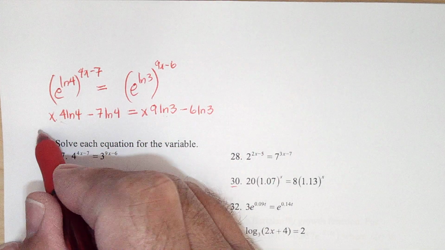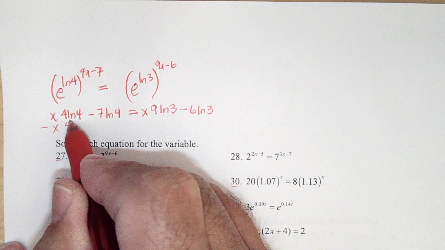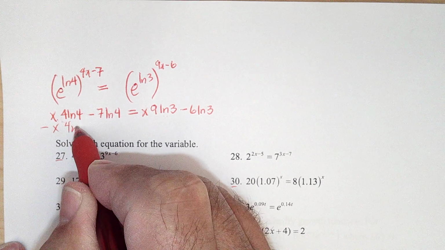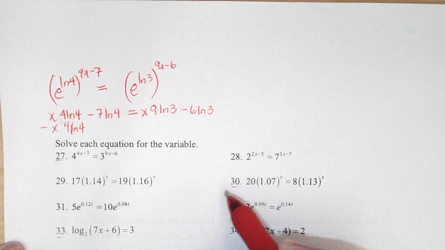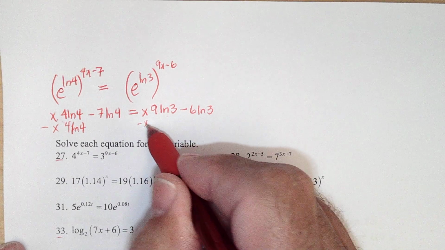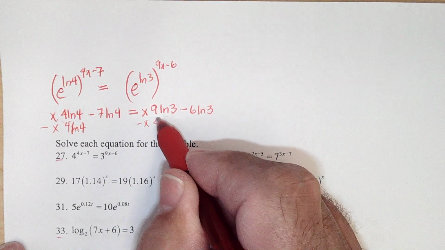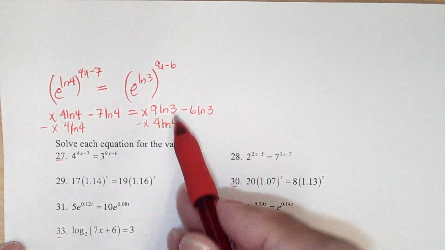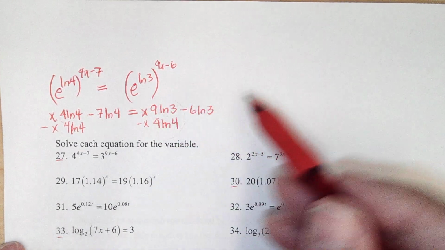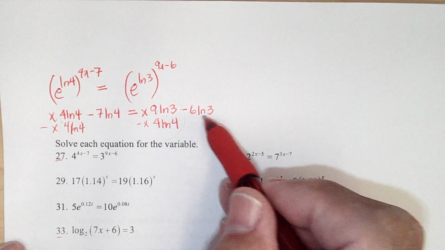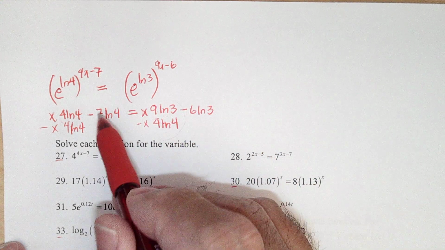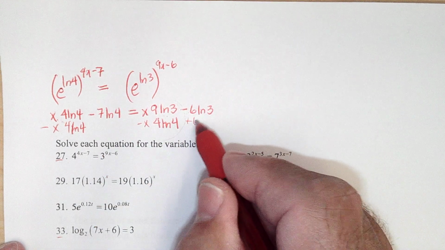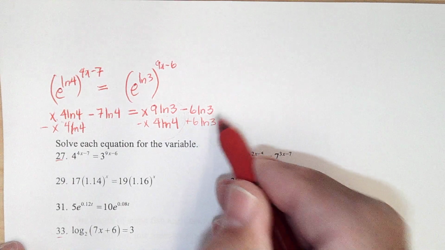So I'm going to go minus x times 4 ln 4 on both sides. That will get all of my x's on this side, and then I'm going to move my 6 ln 3 to the other side by adding 6 ln 3 to both sides.